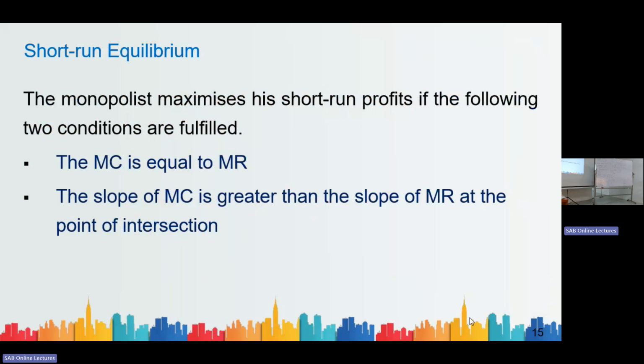So without any doubt, we can take this as the profit maximizing output level, because at this output level both conditions are satisfied. So in the examination you don't have to worry about the second condition. If you follow the first condition, that is enough. Okay.